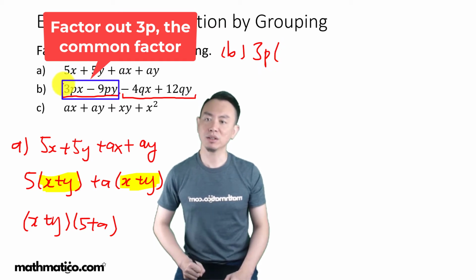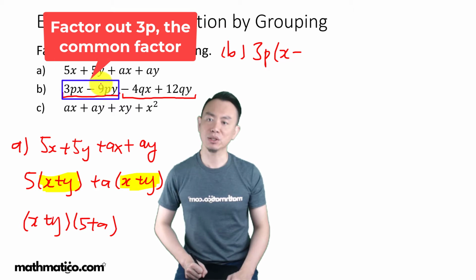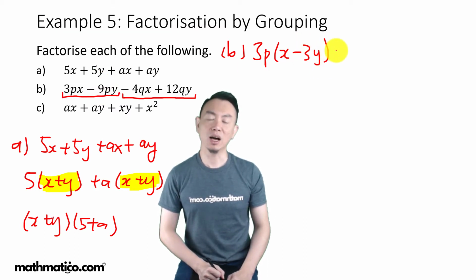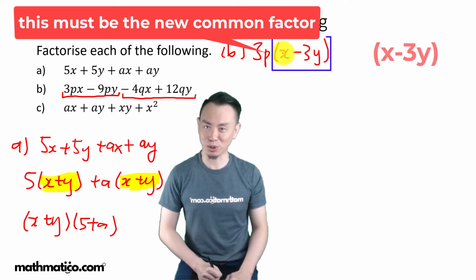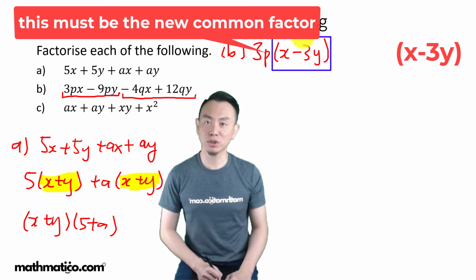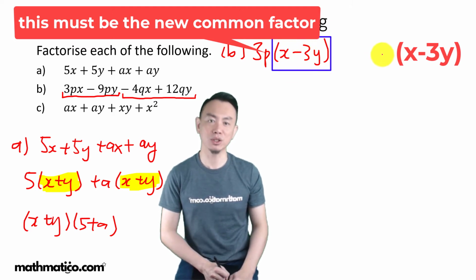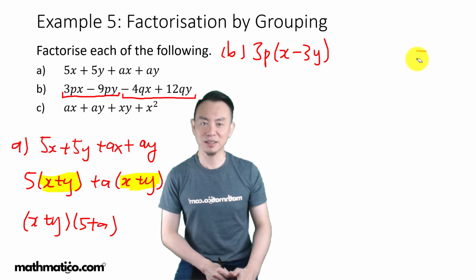So if you take out 3p from the first term, you're left with x minus, now you took out 3, so you're left with 3. P is gone, you're left with y. Now, before you even factorize the second pair, you expect to see an x minus 3y in there. Because if you don't, then you will not be able to factorize it a second time. You need a new common factor, which has got to be this x minus 3y. So we work towards this objective, but we don't just write it down first.